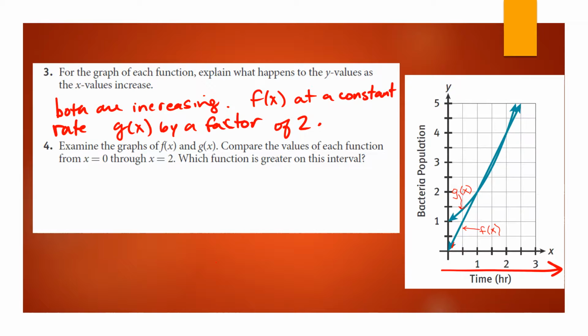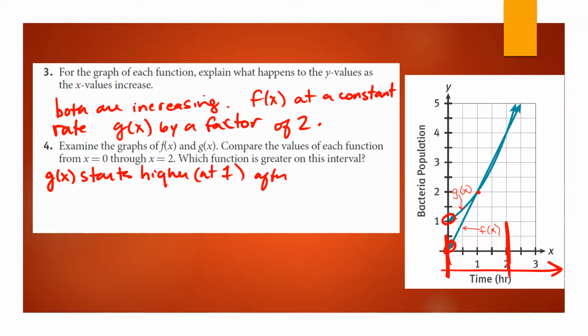So then we examine them and compare the values of each function from x equals 0 through x equals 2. So from right here to right here, and we're going to compare them. So g of x starts higher at 1, right? It starts here, whereas the other one starts down at 0. But then the linear one, f of x, crosses it right here.